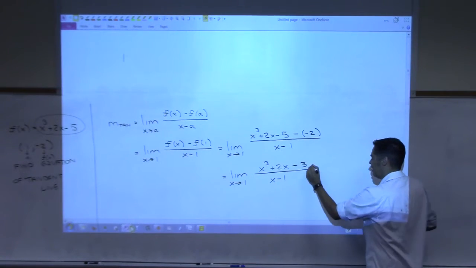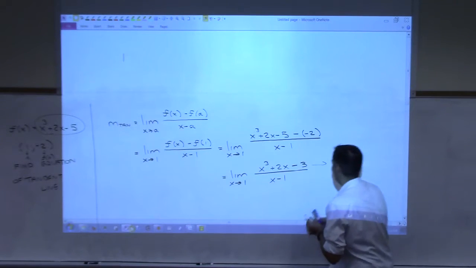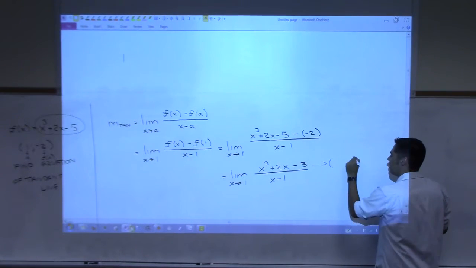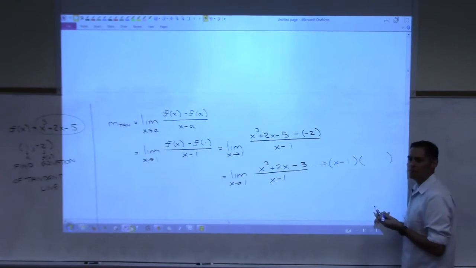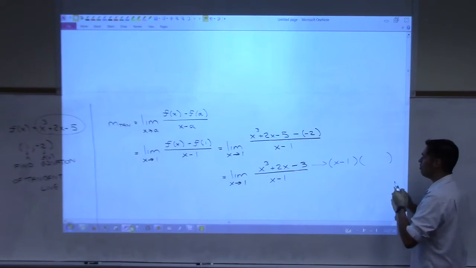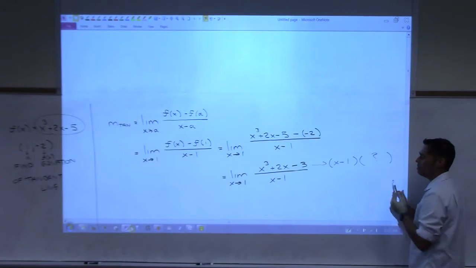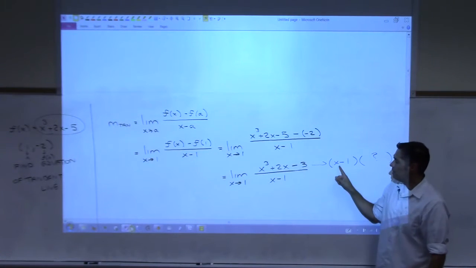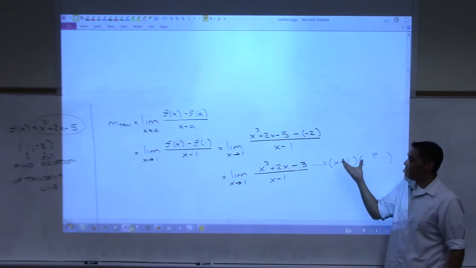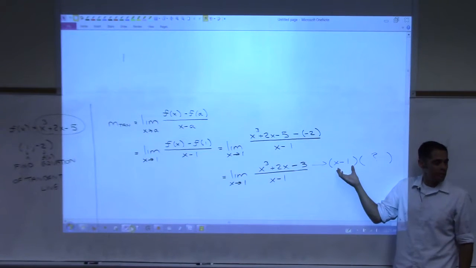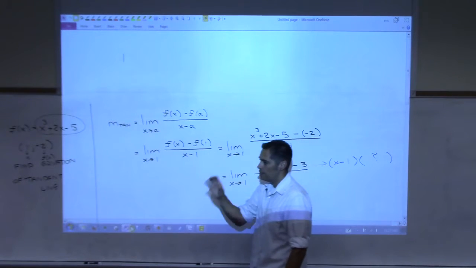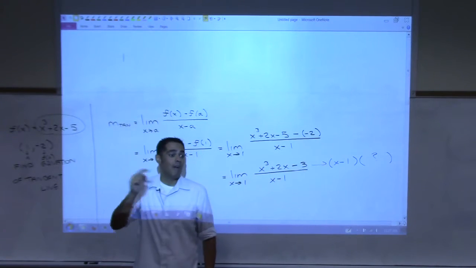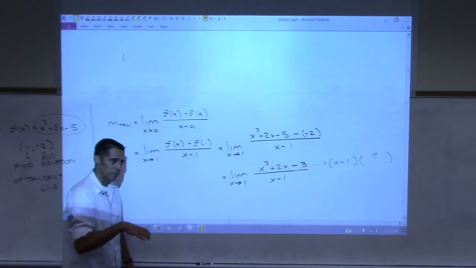And that means that this does break down to be something times something. I know one of the factors has to be x minus 1. Guaranteed. This other one is like a mystery to me right now. Because when I plug 1 in, I should get 0, and that means that x minus 1 is a factor. This goes back to college algebra. If x equals 1 gives you 0, then x minus 1 is a factor.